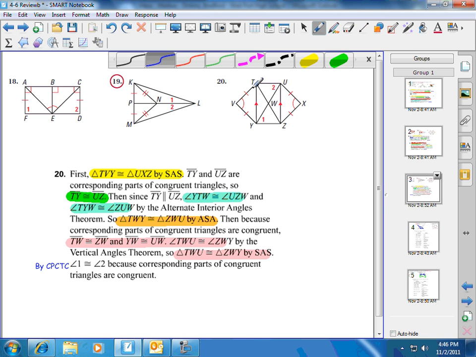Okay, so angle T corresponds with angle U. Got too much going on this computer, it's slowing down. And angle Y and Z correspond. And so they're congruent.